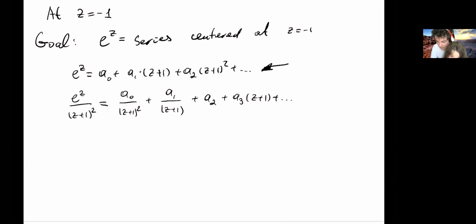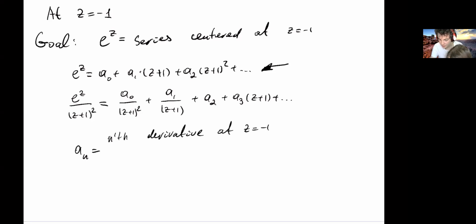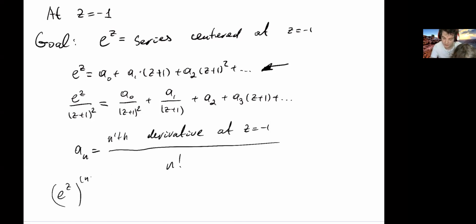Remember that a_n is equal to the nth derivative at our point, in this case at -1, divided by n factorial. Finding the nth derivative is easy, because the derivative of e to the z is still e to the z.